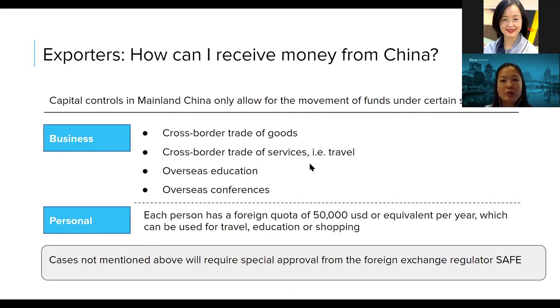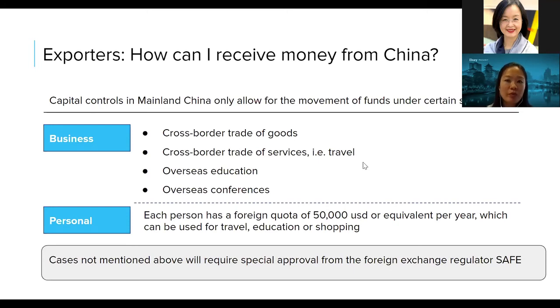So if there is a university agreement, or if you're a student who's going to study overseas and you need to pay for your tuition, or your parents in China need to pay, and also overseas conferences. All these categories are standard categories allowed by the Chinese regulator to send money out of China. As long as you submit the relevant documentation to your bank when you make the payment, they'll be able to send the money out.